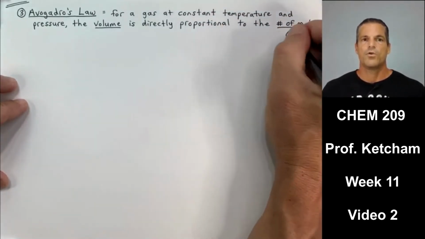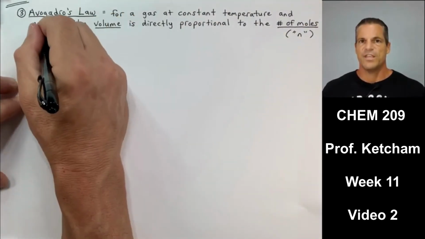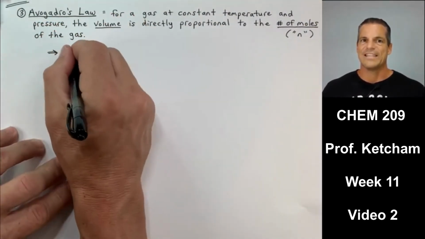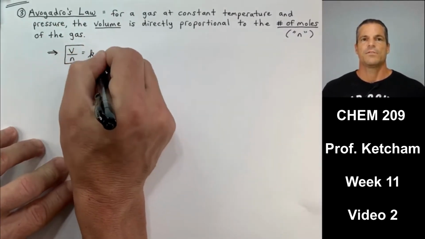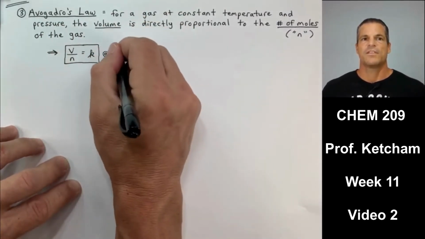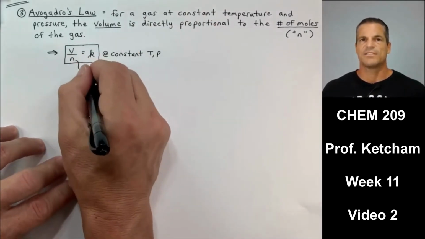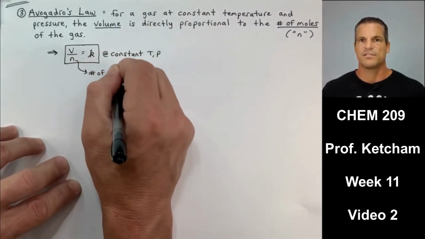So volume V, capital V, and then we have moles, n. Well, if they're directly proportional, then V over n is always going to equal some constant K. The value of the constant does not matter.